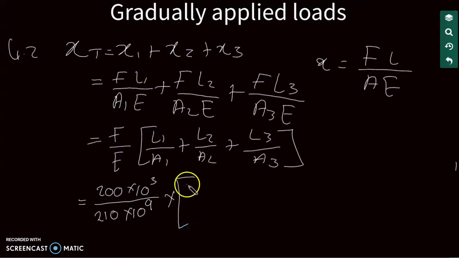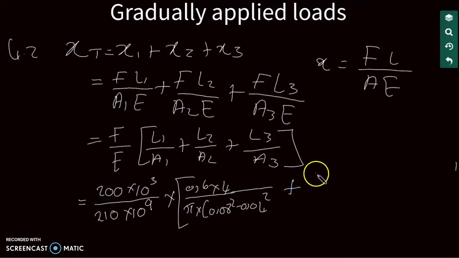Open bracket. Length number 1, 0.6, divided by area. I'm going to put the 4 here, and our area is pi times 0.08 squared minus 0.04 squared. Remember here we're dealing with a hollow object.